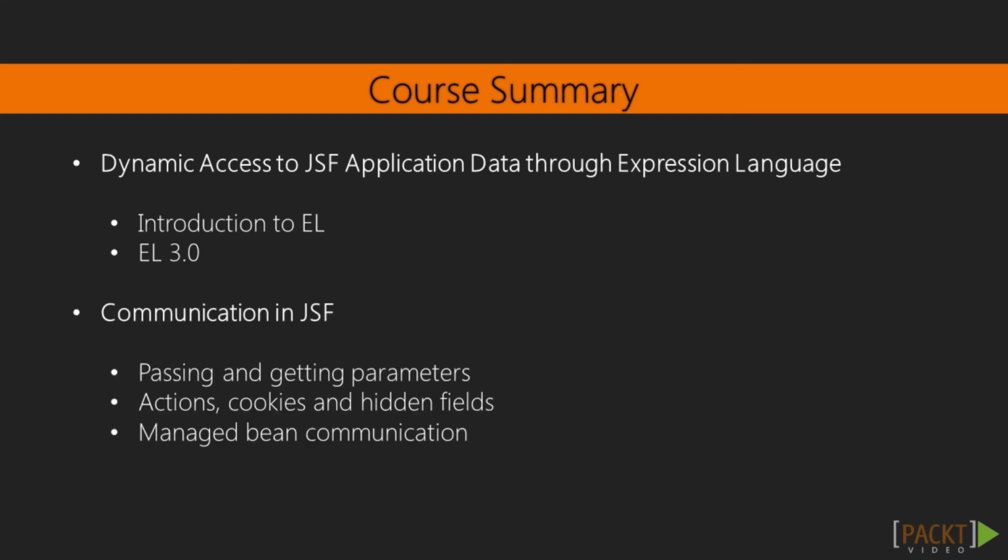In the second part of our course, we focused on JSF communication aspects. Here, we started with a comprehensive section about passing and getting parameters, such as context, request, flash, and view parameters. Further, we covered actions, cookies, and hidden fields, and we finished with aspects of managed beans communication.